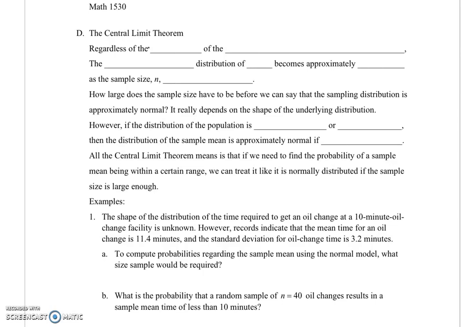So the central limit theorem says, regardless of the shape of the underlying population, the sampling distribution of X bar becomes approximately normal as the sample size n increases.